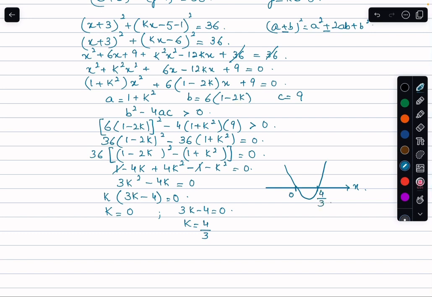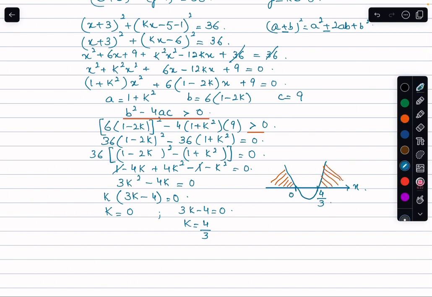Now if we go back to the discriminant condition, it said it needs to be greater than 0. So if it is greater than 0, we are talking about the region which is above the x-axis.